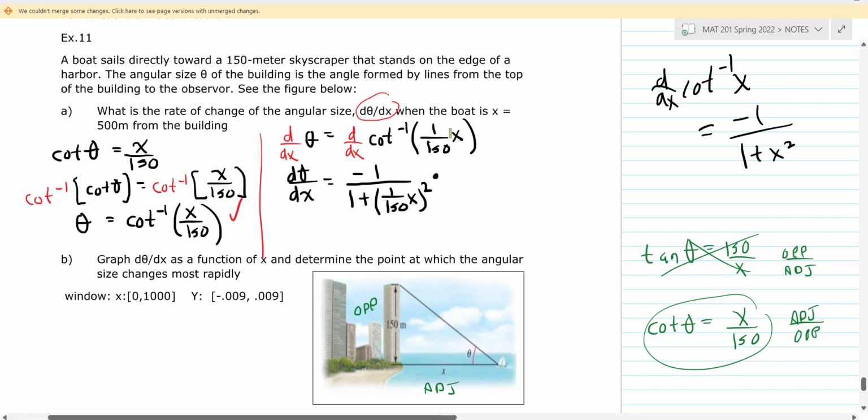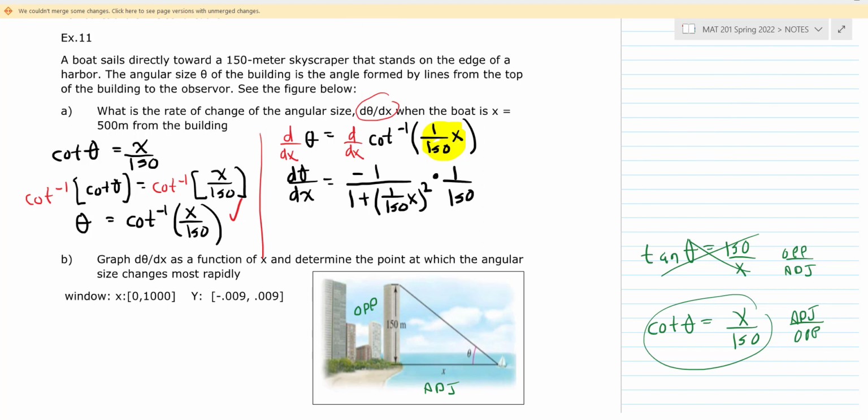I'm just going to do this in my head because it's easy. The derivative of the inside part is just 1 over 150. Then I'm going to simplify this as far as I can. I'll take you through a little bit of the simplification. All right, so I'm just going to move this down here.